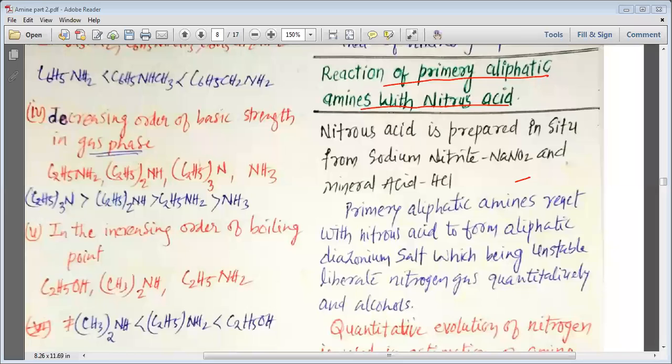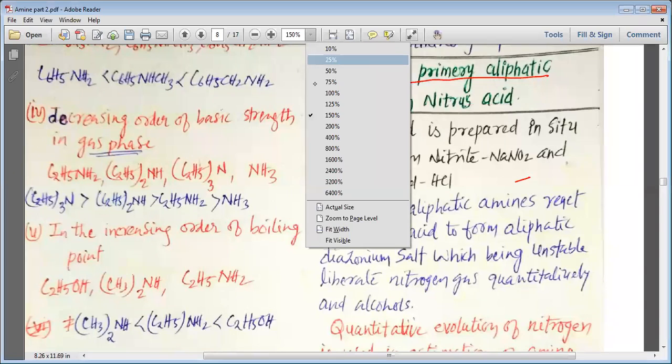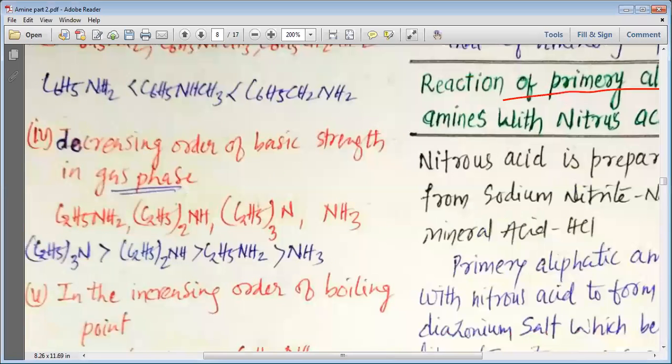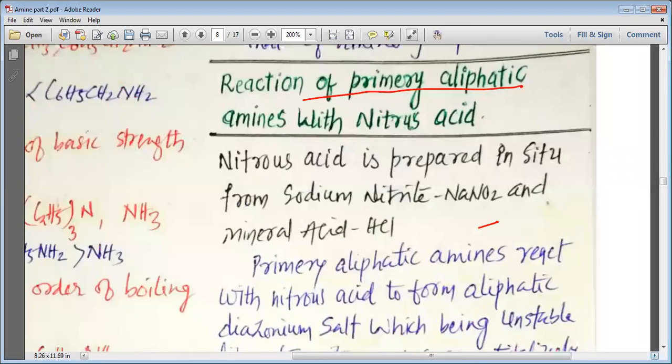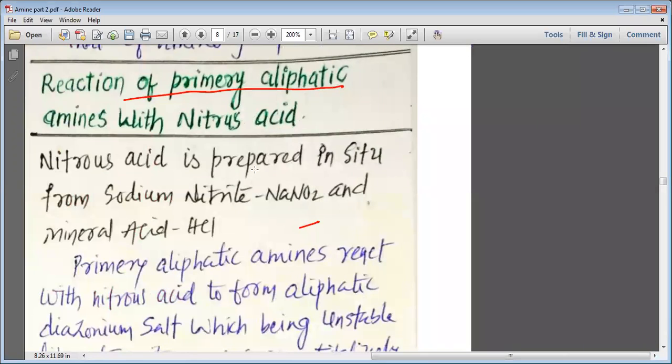Okay, then after the revision now, let's move forward. Reaction of primary aliphatic amines with the nitrous acid. Nitrous acid, if you look at this, nitrous acid is prepared in situ from the sodium nitrite NaNO2 and HCl.